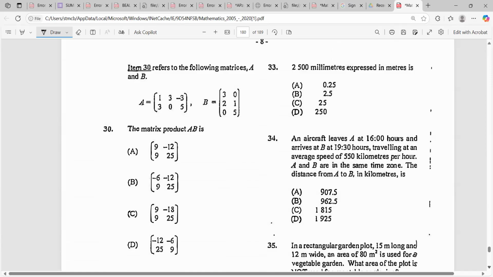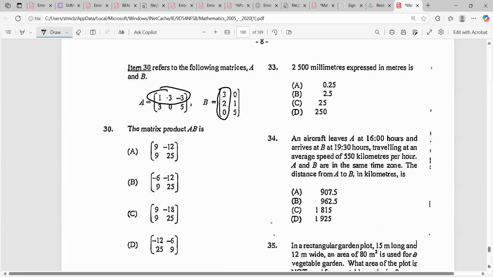30 now. Item 30 refers to the following matrices, A and B. Alright, so this says the matrices product is, so we have to multiply, guys. A row by column, right? So this row by this column.